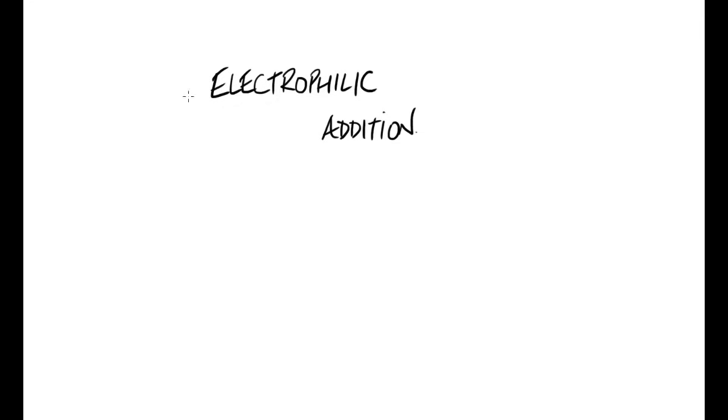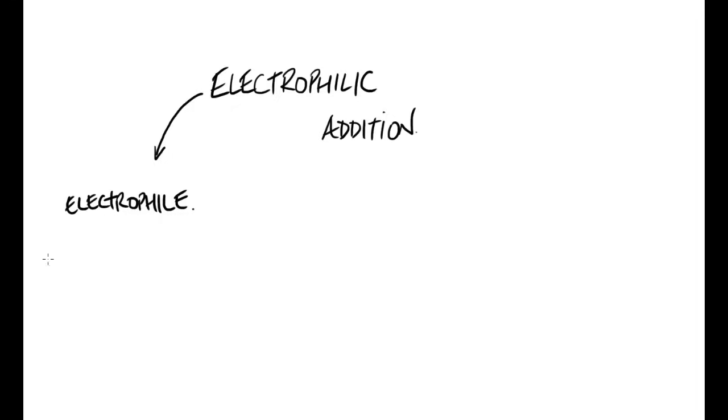So we'll start with the term electrophile. What's that going to be? Well, if you've already looked at nucleophilic substitution, then you should know what a nucleophile is, and that it can be defined as an electron pair donor, but also something that is attracted to areas of positivity.